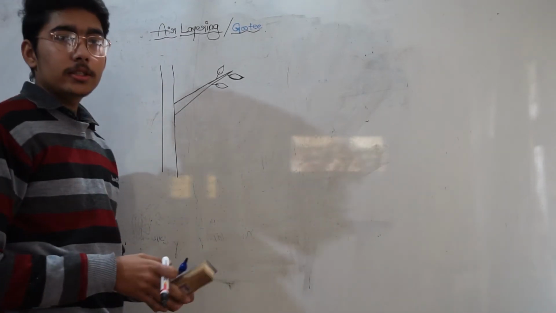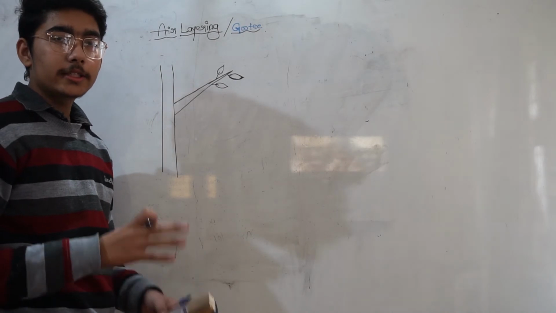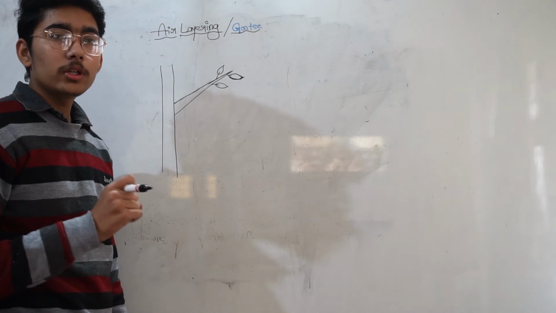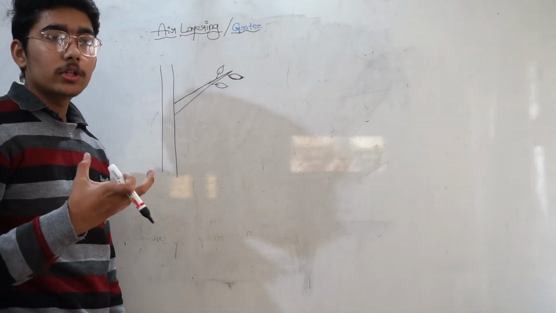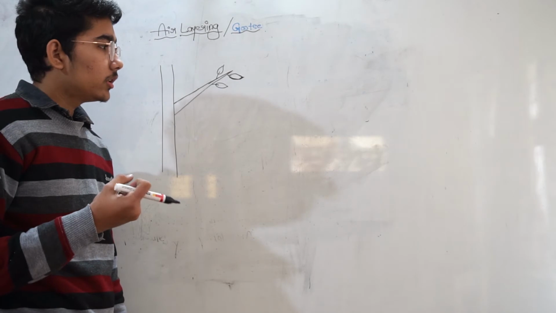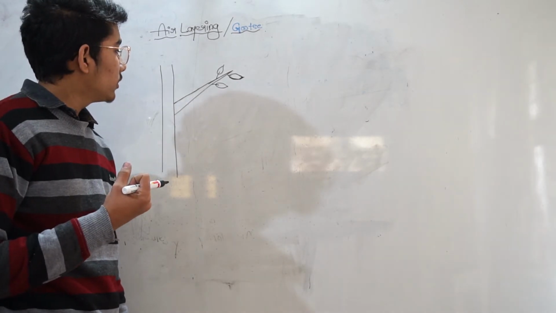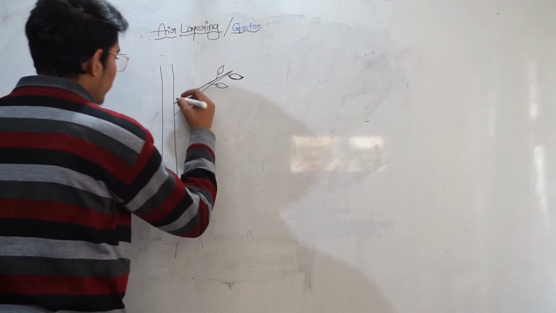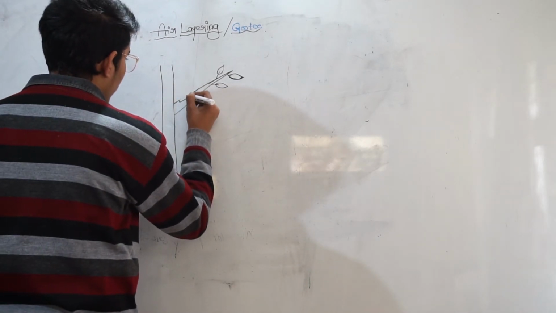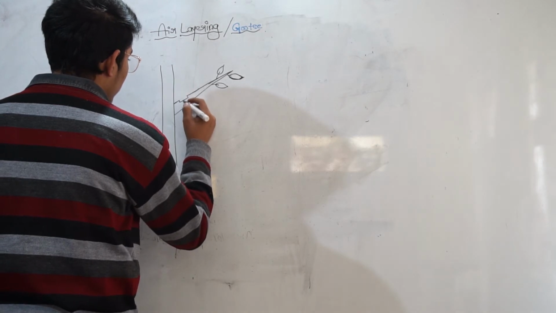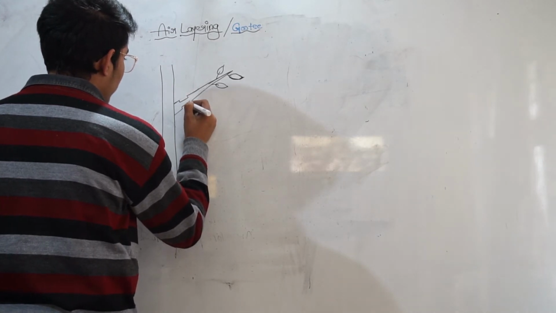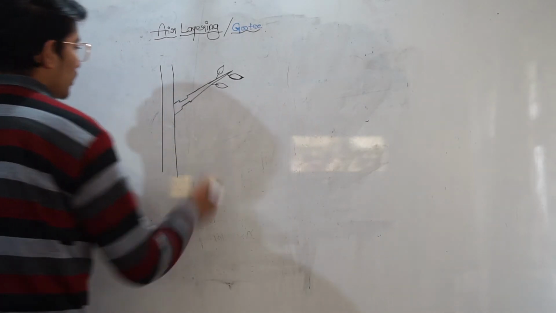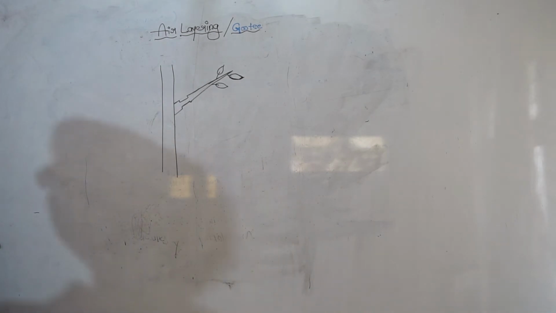The bark is the exterior part of the shoot system of the plant in which the vascular cambium and the vascular layers are present. So let's say we have removed this bark in the form of a ring from here, like this.